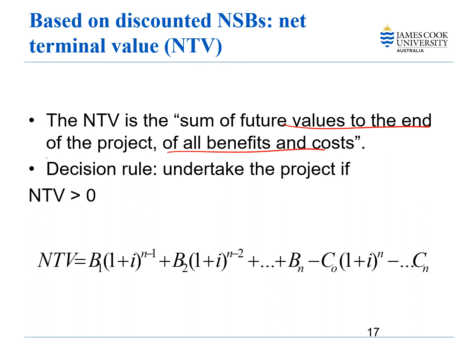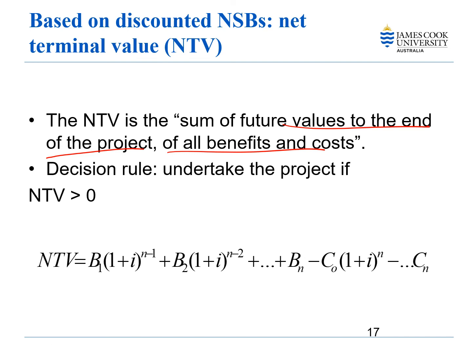So here we compound all values into the future. We compare the dollar values at the end of the project in year N. And again, we are comparing apples with apples, not apples with bananas.